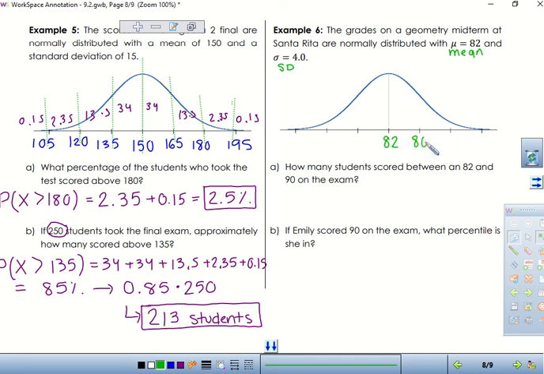So that's going to be 86, 90, 94, 78, 74, and 70. I'm going to draw in my dashed lines, and I'm going to put in my percentages.